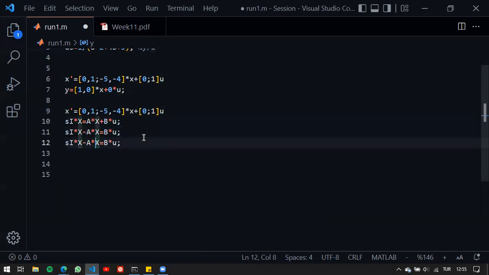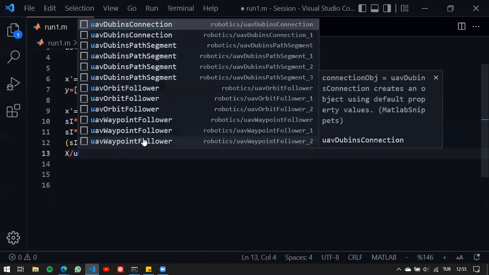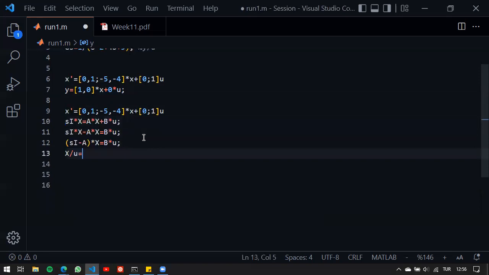Now again, I can see that they have a common factor here, so that would be the factorization here. And then I can look for the transfer function between X and U. Since I'm working with matrices, I should be careful with my modifications.